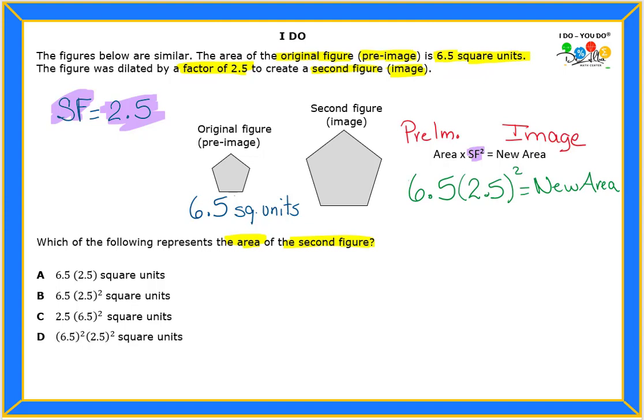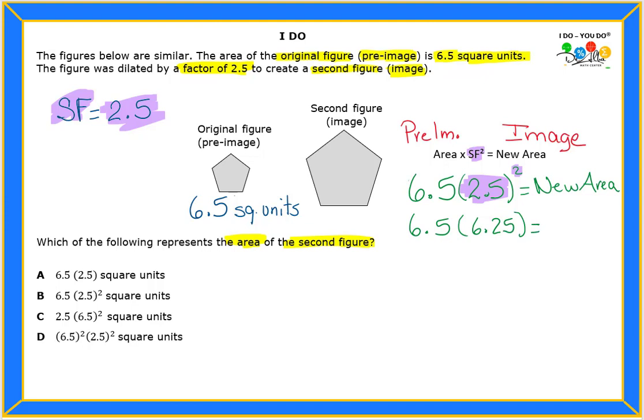Okay, so let's go ahead and do this. What you do is you multiply 6.5 times, and you can actually raise 2.5 to the second power if you feel more comfortable like that. So we're going to have 2.5 raised to the second power, and I get 6.25.